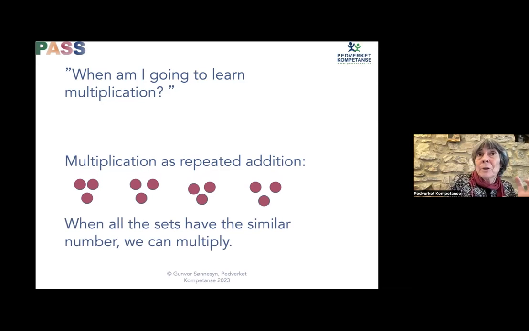So when we're going to learn the concepts, we need a lot of different materials. And multiplication as repeated addition means this simple thing: when all the sets have the similar number, we can multiply, and we can find a number in that way. And we have a lot of aids that can help us check if that's correct.